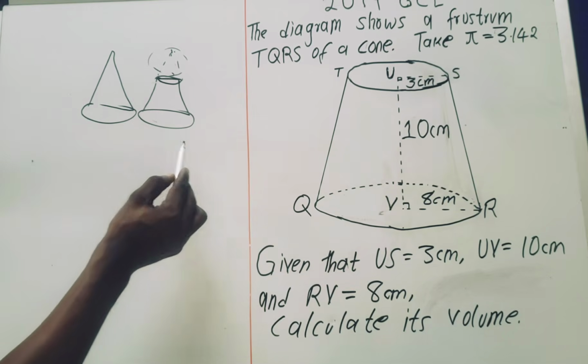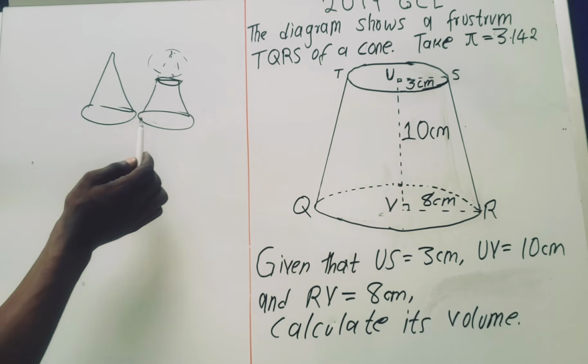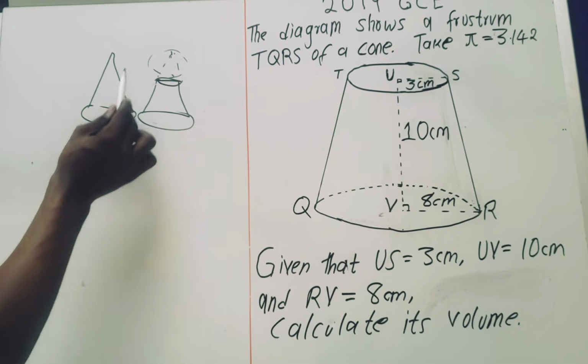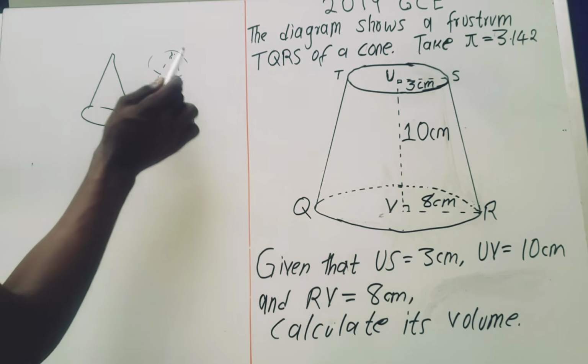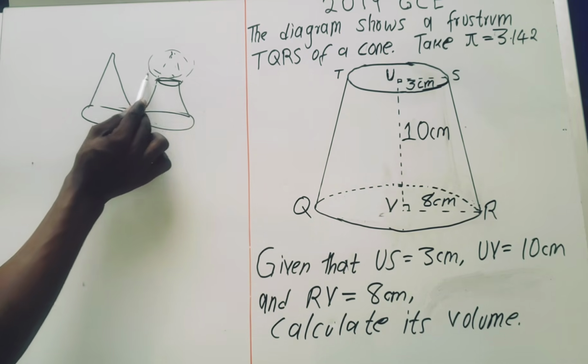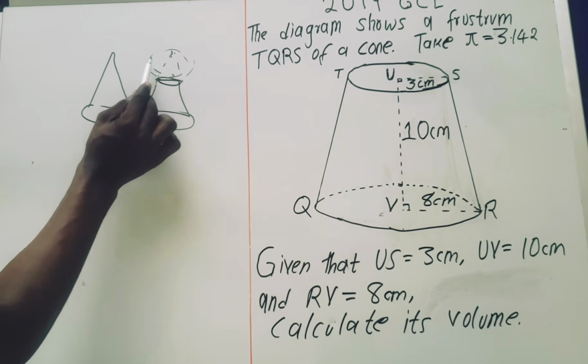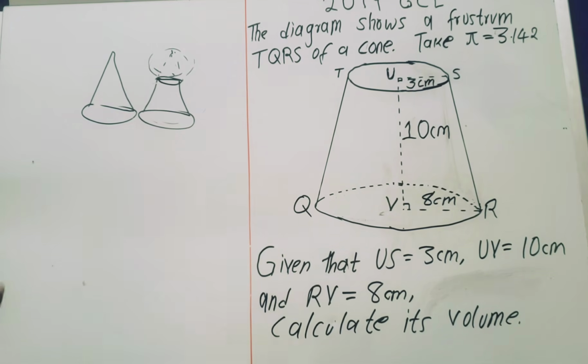That is the concept. The volume of the entire cone before it was cut, then we subtract the volume of the small cone which was cut. We will remain with the volume of the frustum. So that should guide you.